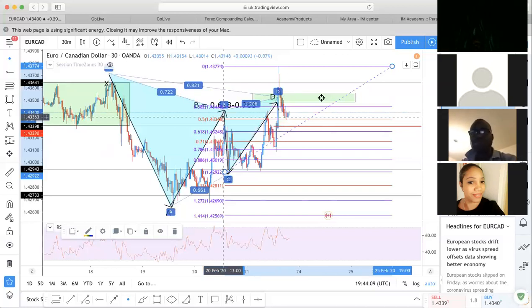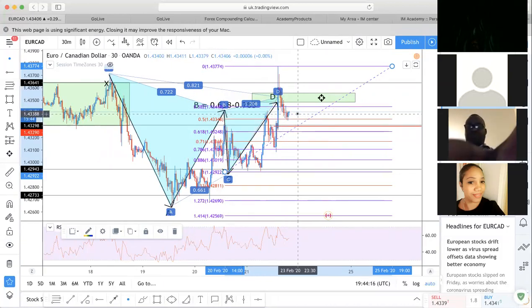The reason why I want you to use this risk management is because sometimes price will come all the way to hit TP1 and then retrace back to your entry before it drops to TP2.